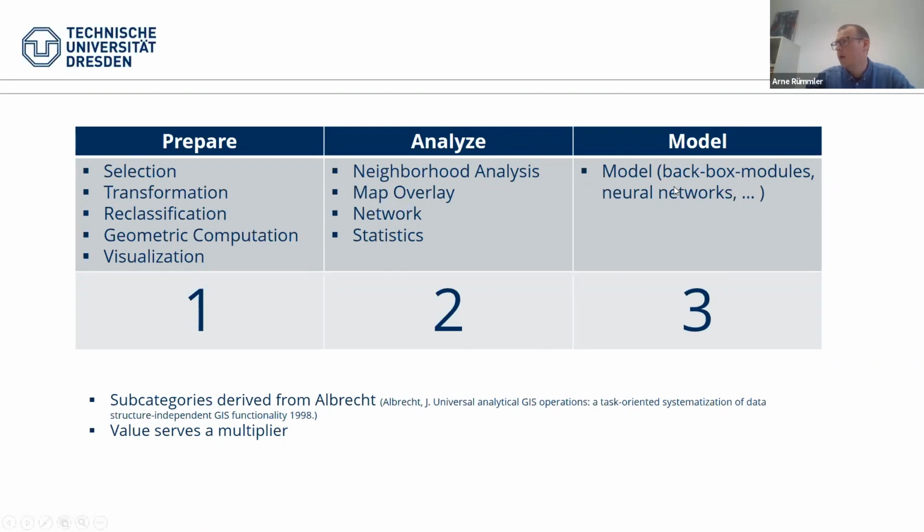So if we tag every process, we can assign one of those values based on the category. And the values at the bottom serve as multipliers.